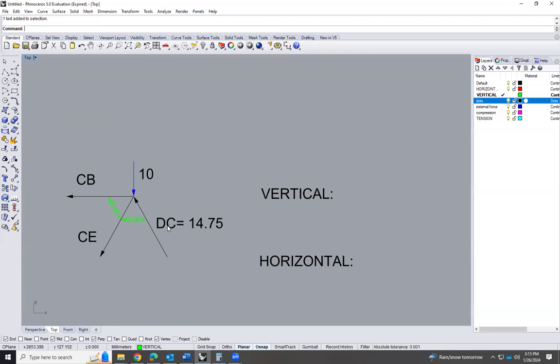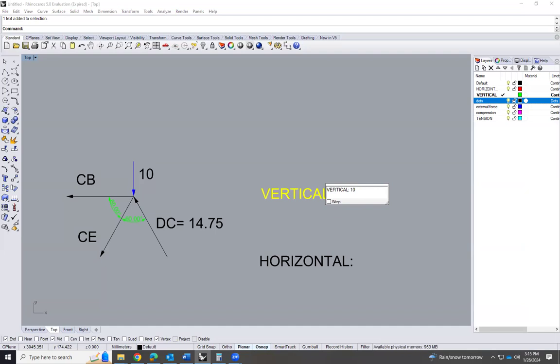We have this DC, so we will have a vertical component of DC. We will have a vertical component of CE, and we have this force 10 going down.